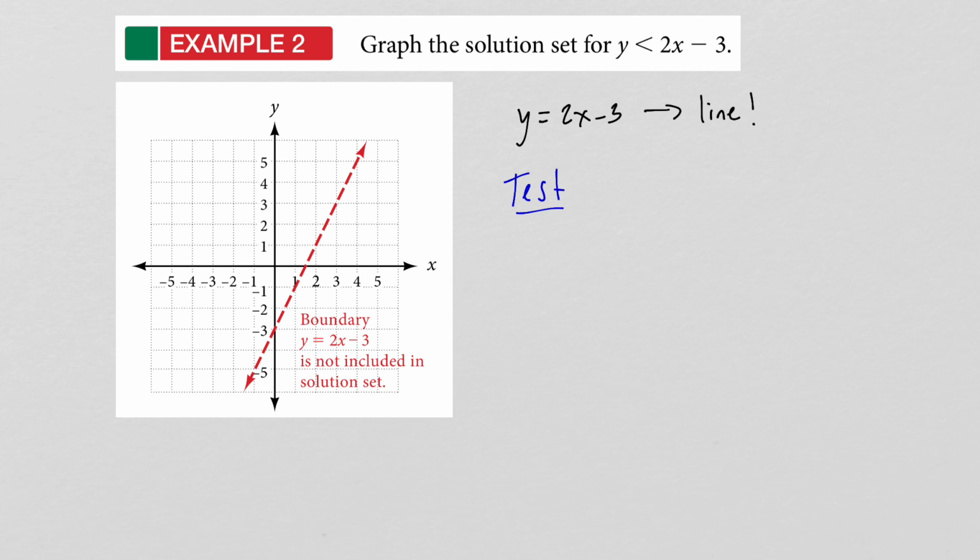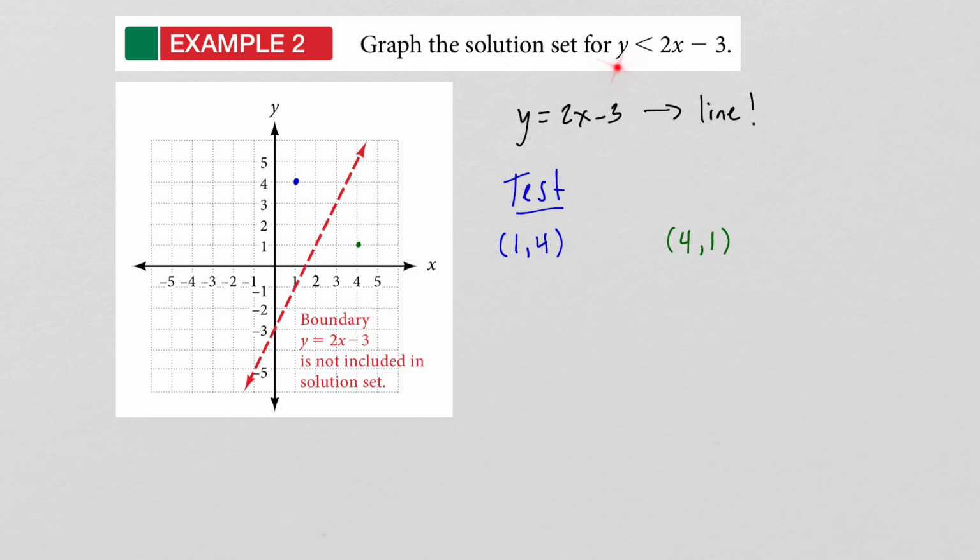I'm just going to pick a point that is above the line. I'll pick this point right here, which is the point (1, 4). And I'll pick a point that is below the line, which is right there, which is actually the point (4, 1). And I'm just going to test those. I'm going to take these numbers and plug them into the original inequality.